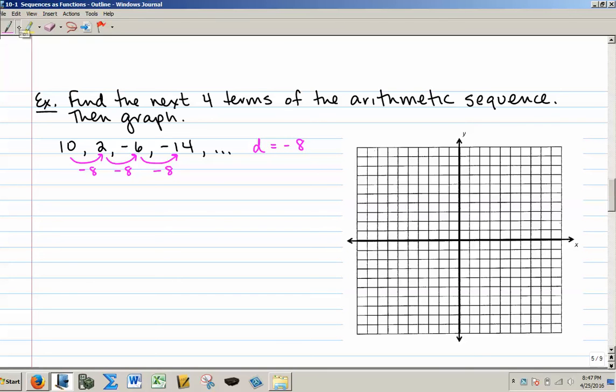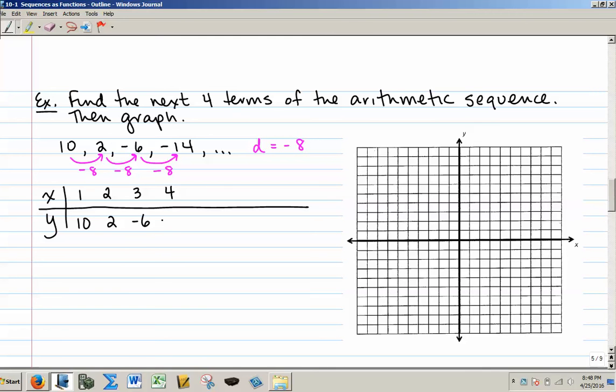So now I need to make a table of values. I have x and y. And remember, my x's are the positions. So the first term is 10. My second term is 2. My third term is -6.